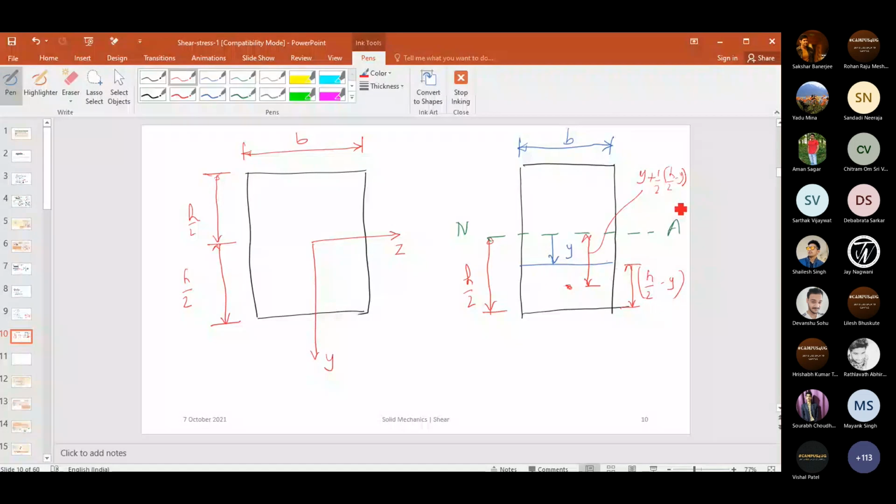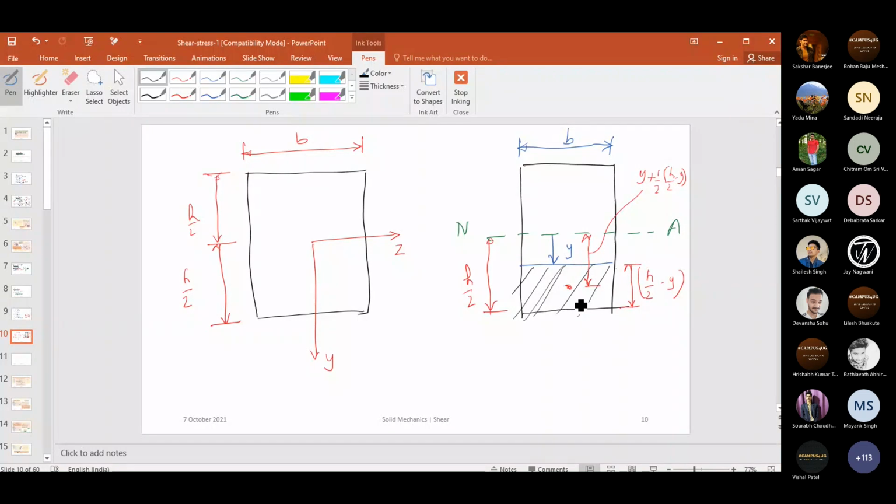Since it is rectangular, the CG of this area is at the middle height, that is at half of h by 2 minus y.